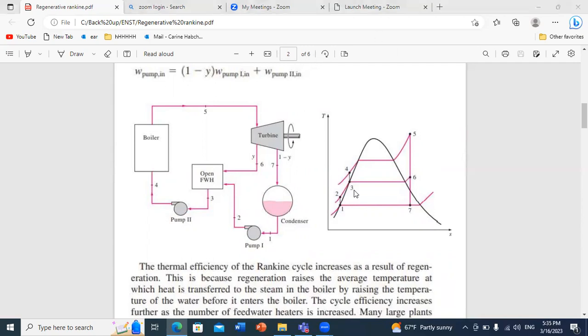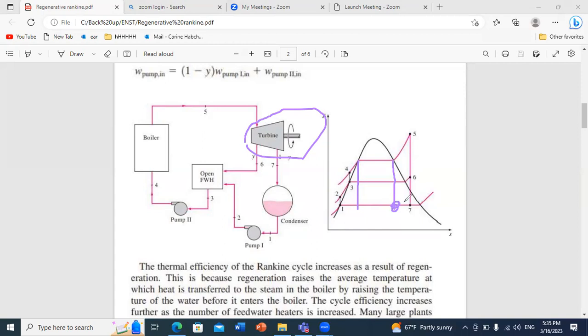But the Carnot cycle consists of two isotherms and two isentropic processes. And practically, it has some disadvantages because, first, whenever you operate with a turbine, okay, you need to avoid having a water droplet at the exit of the turbine, because the water droplet will harm the turbine. So it's not good to have an exit state from the turbine where you have a mixture of liquid and vapor.